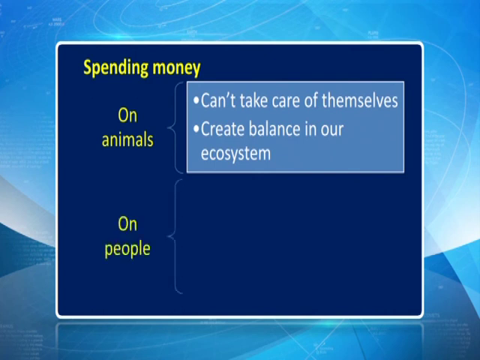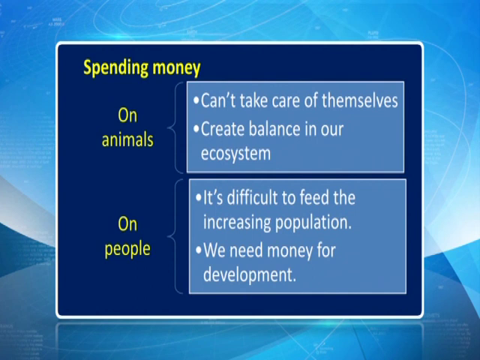But if we spend money on people, it's also important because it's difficult to feed the increasing population. We need money for our development. You see that both animals and people need to have money to help them survive and keep in life.